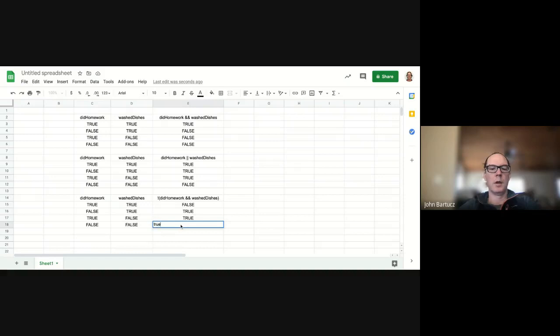And if we look to check our work, we can say, well, this is just the opposite of this guy up here. So all of these values should just be the opposite of all of these values because it's just not this guy. So the first is false, which is not true.